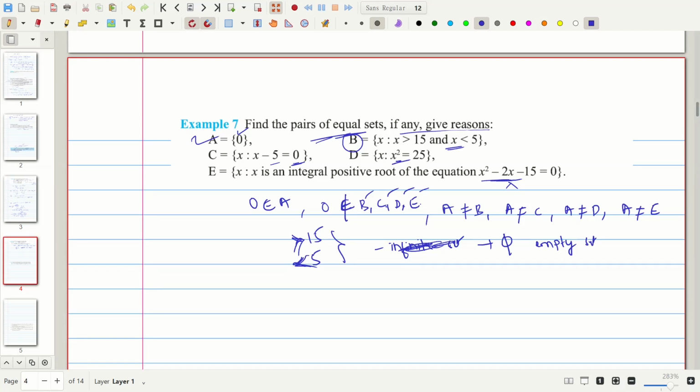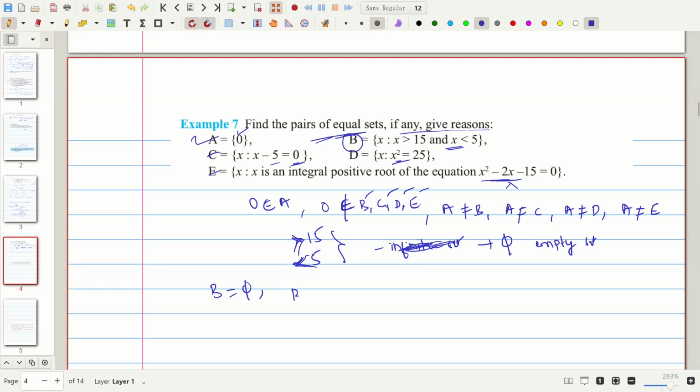There is no element present in this range, which is greater than 15 and less than 5. So it is an empty set, and among C, D, and E there is no empty set. So B is an empty set and none of the other sets are empty.